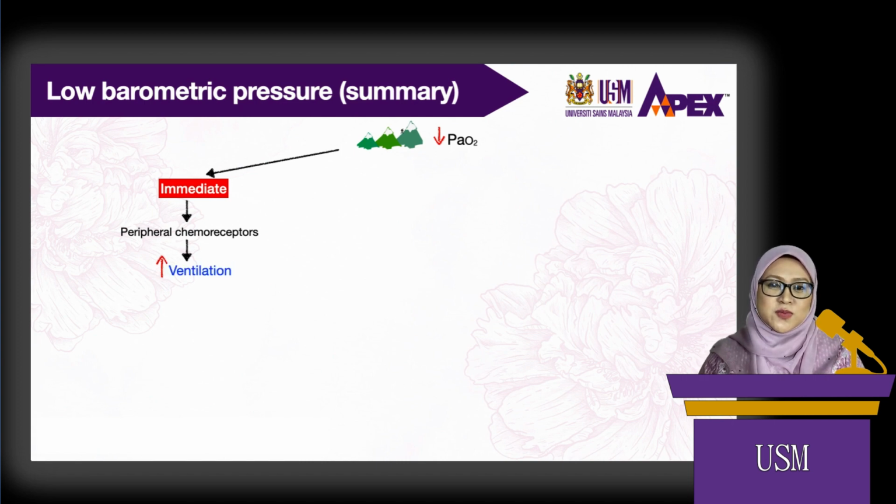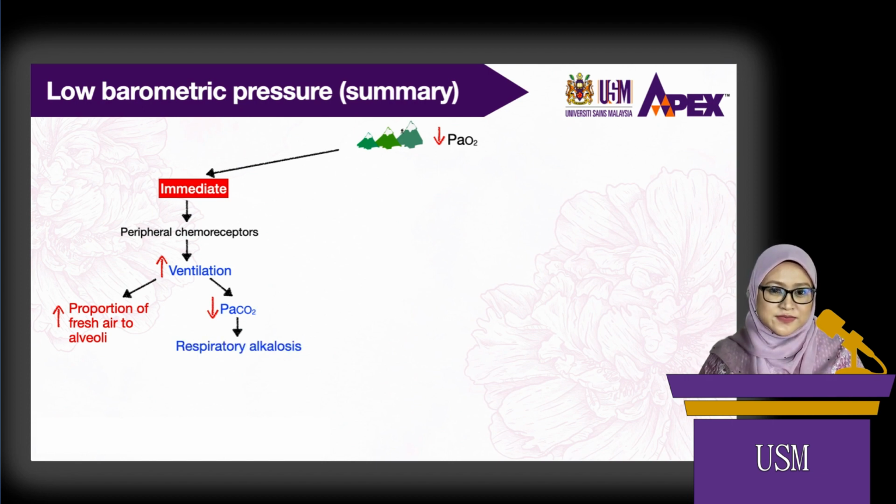This will increase the proportion of fresh air in the alveoli, but at the same time will reduce arterial pressure of carbon dioxide, which will cause respiratory alkalosis, shift the oxygen hemoglobin curve to the left, increase the affinity of hemoglobin for oxygen, and give better oxygen loading in the lungs.